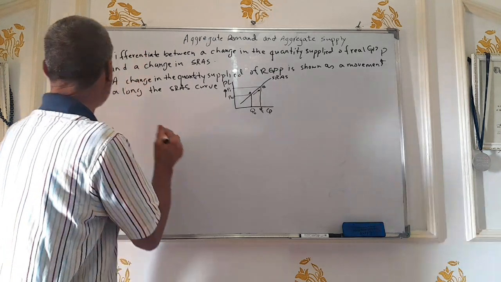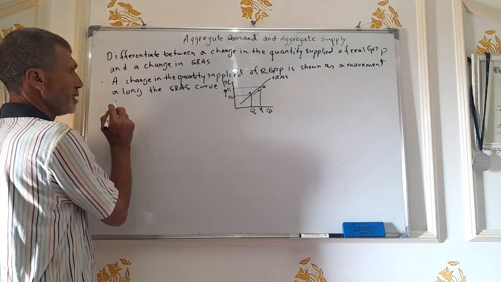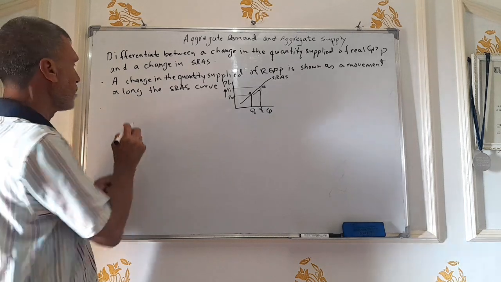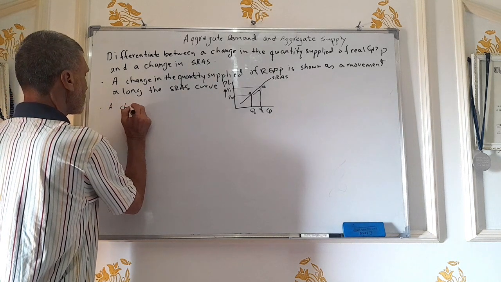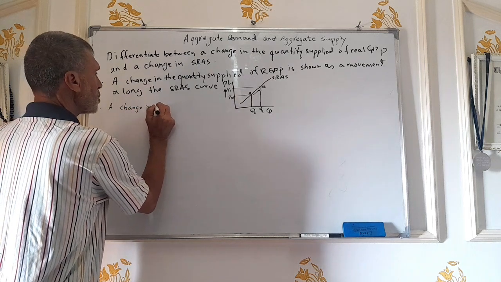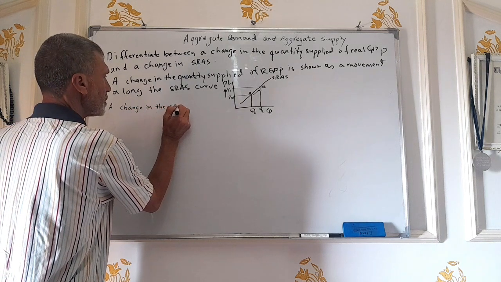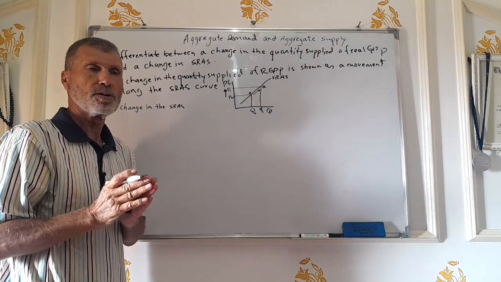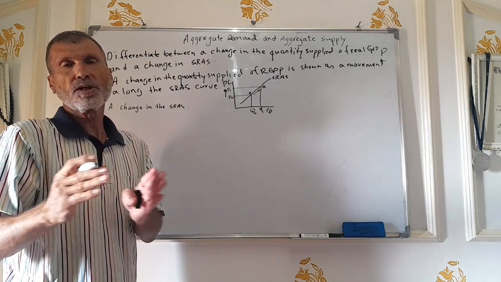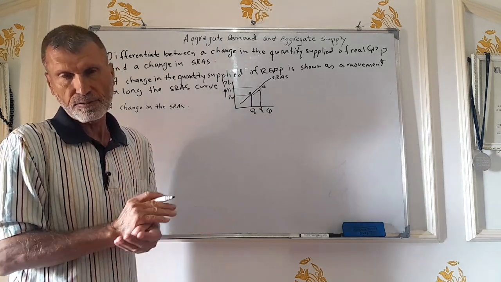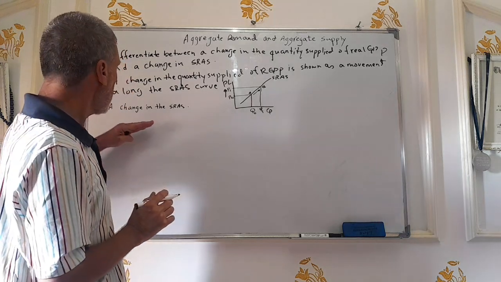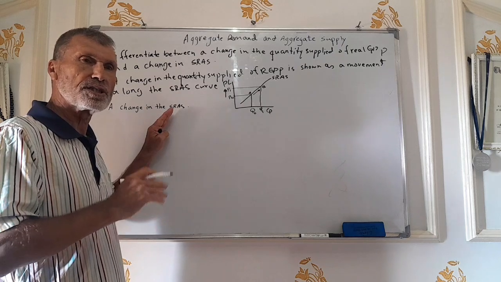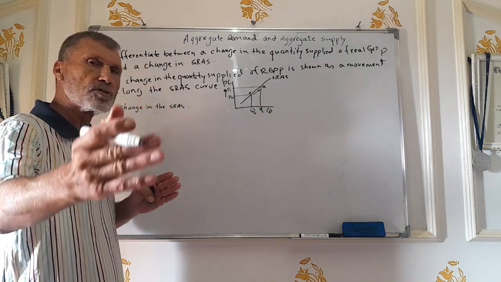Okay? Now, the second concept, which is a change in the short-run aggregate supply. Of course, this change in short-term aggregate supply is a shifting of the short-term aggregate supply either to the right or to the left.